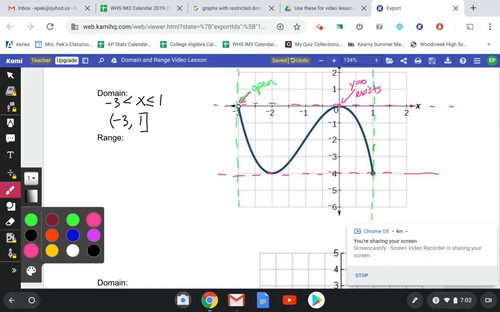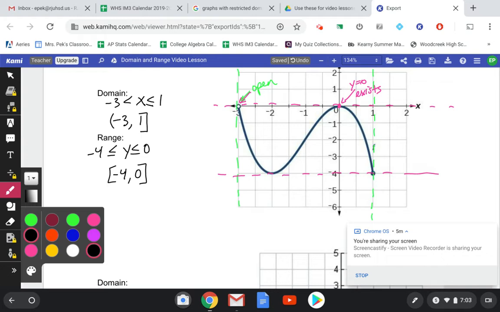So even though it doesn't exist at the open circle, y equals 0 does exist somewhere else on the graph. So we do need to include that value of 0 in our range. So our range is going to be y values between negative 4, as low as it goes, and up to 0. We can also write this as square bracket negative 4, comma 0 with another square bracket to show that the values of negative 4 for y and 0 for y do exist on our graph.